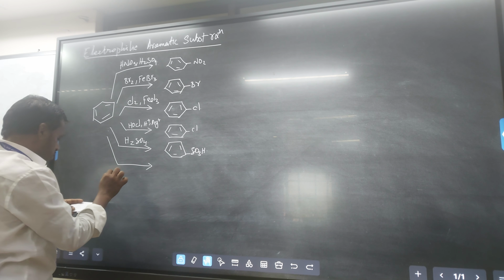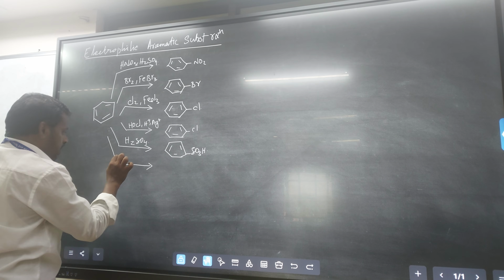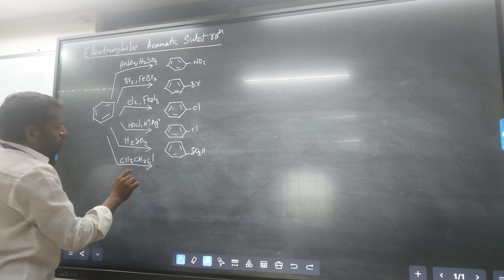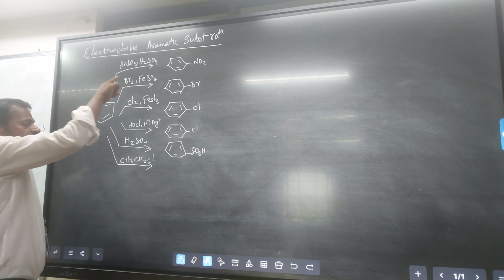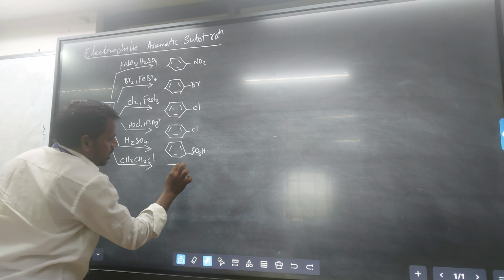The same you can do for the alkylation and acylation reactions. Alkylation: CH3CH2Cl. So what happened here? The Cl and H from the benzene are removed, and you get the ethyl benzene.